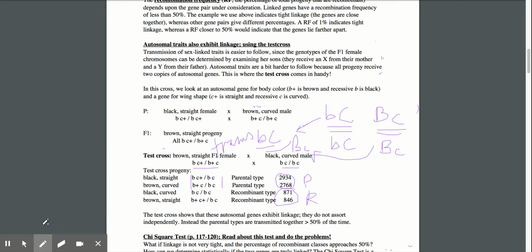And so let me get my calculator out. I'm just adding these numbers: 2934 plus 2768 plus 871 plus 846.